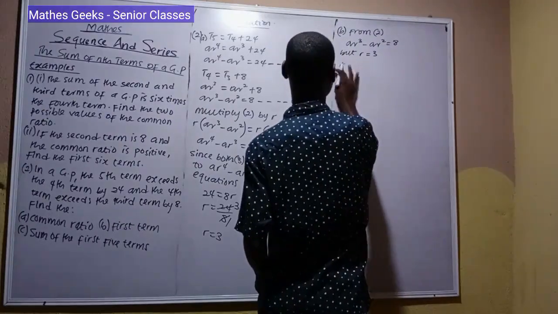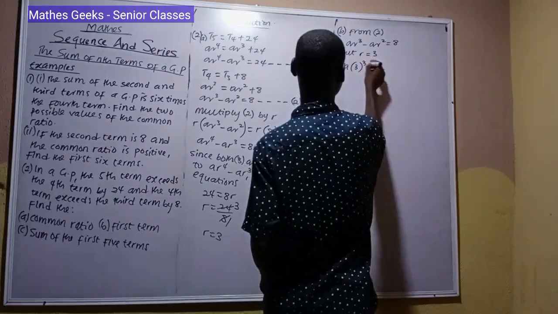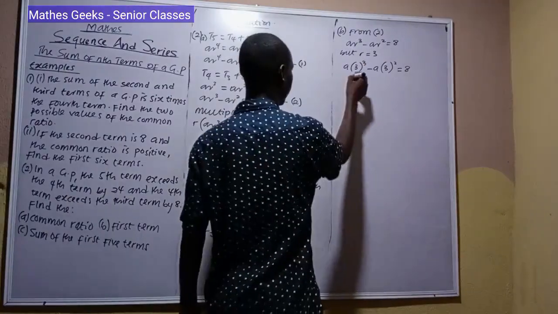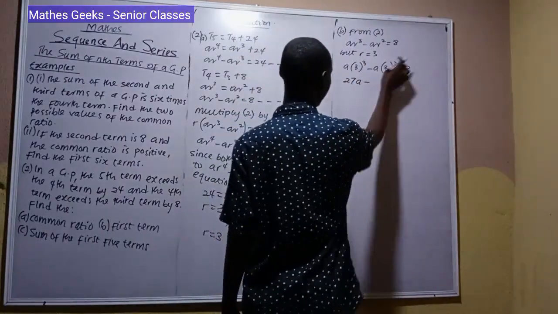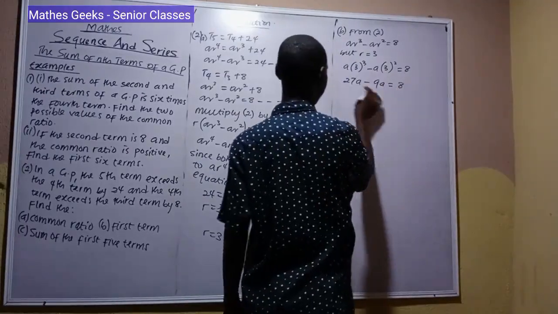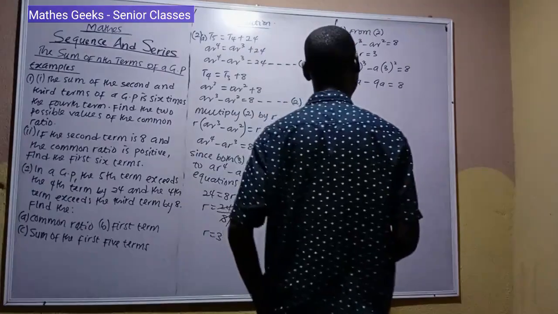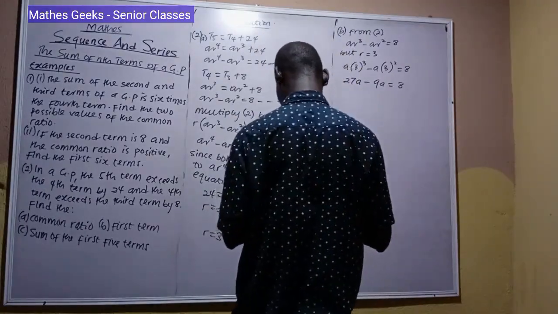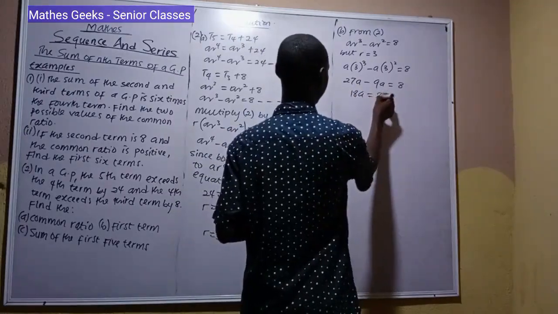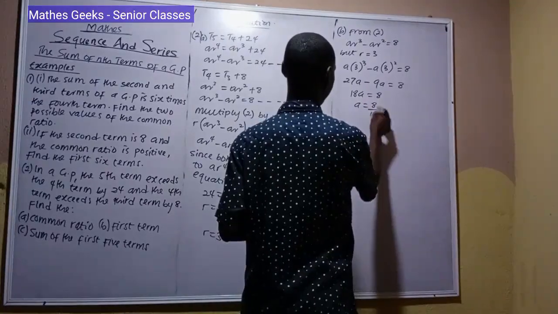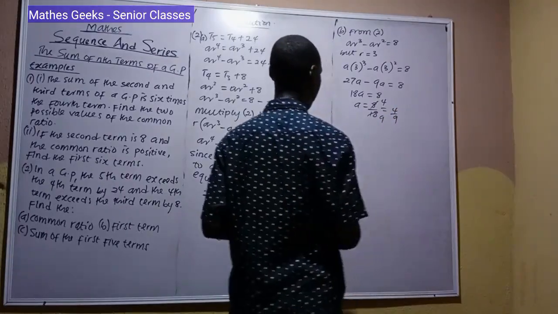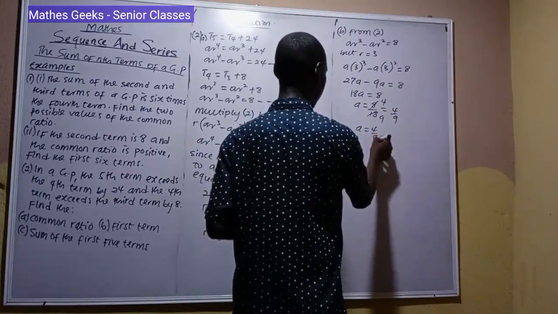So A times 3 raised to the power 3 minus A times 3 raised to the power 2 is equal to 8. 3 raised to the power 3 is 27, 3 raised to the power 2 is 9. 27A minus 9A will be 18A. 18A is equal to 8. So A is equal to 8 over 18. 2 here 4, 2 here 9. That's 4 over 9. So A is equal to 4 over 9.